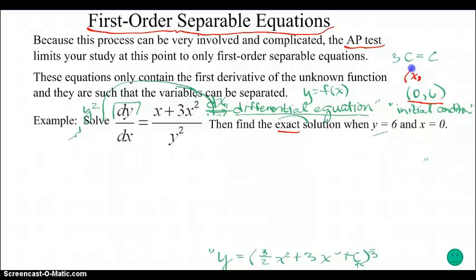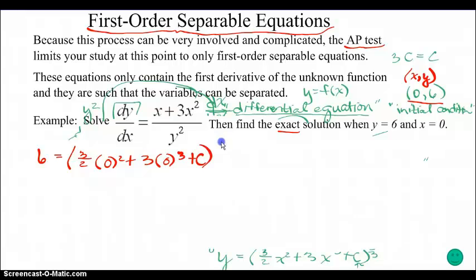When x is 0, y is 6. So I'm going to plug those values in here and over here for x. So 6 equals the quantity 3/2 times 0 squared plus 3 times 0 cubed plus c, and all of that is raised to the 1/3 power.